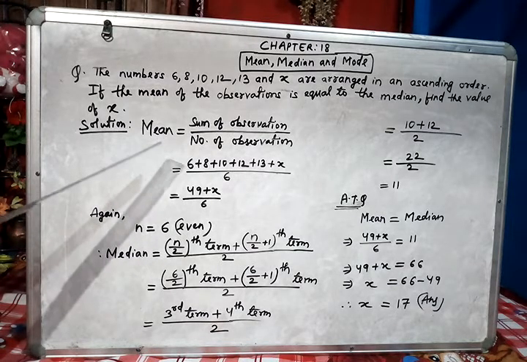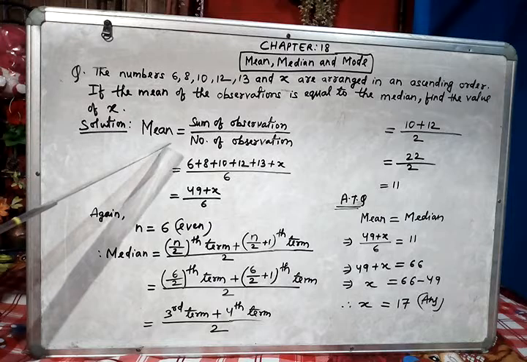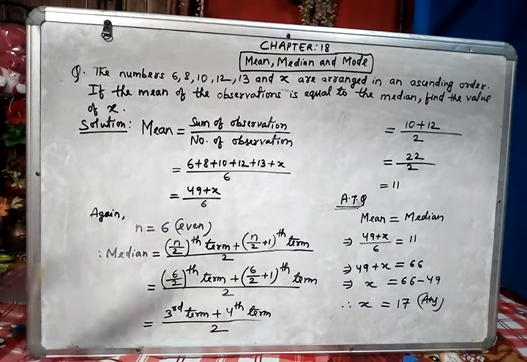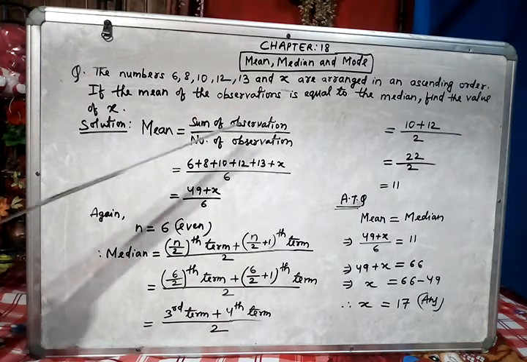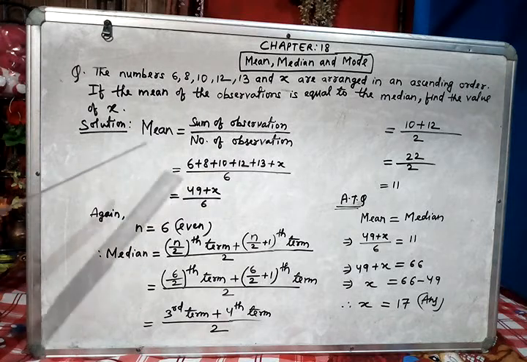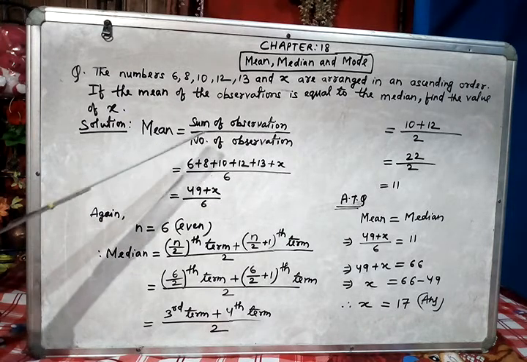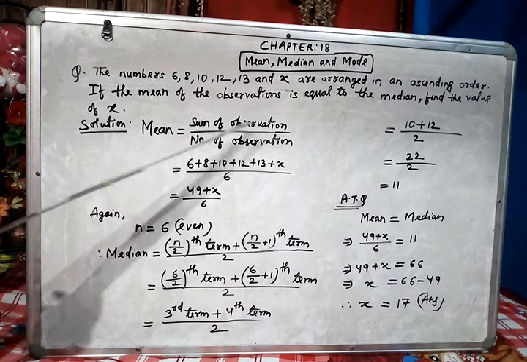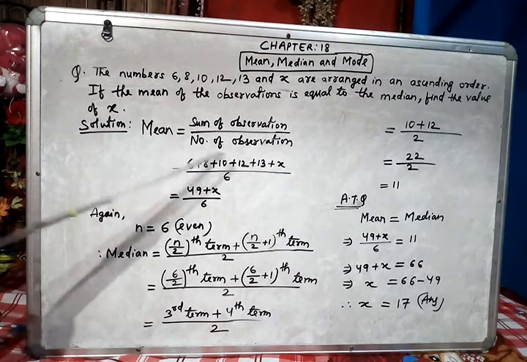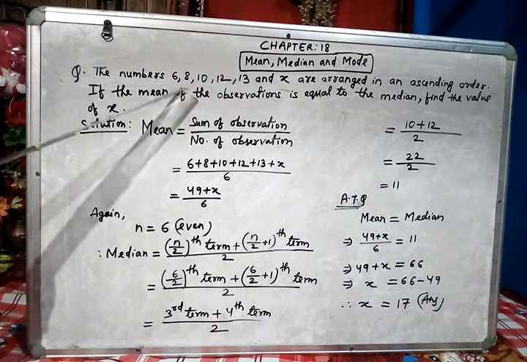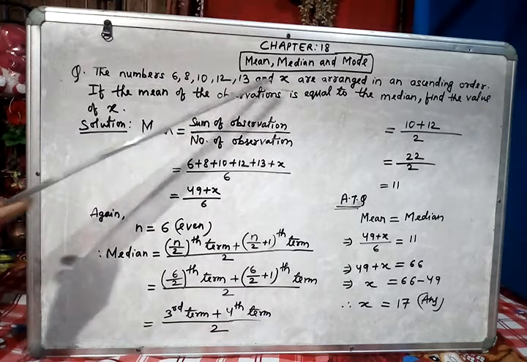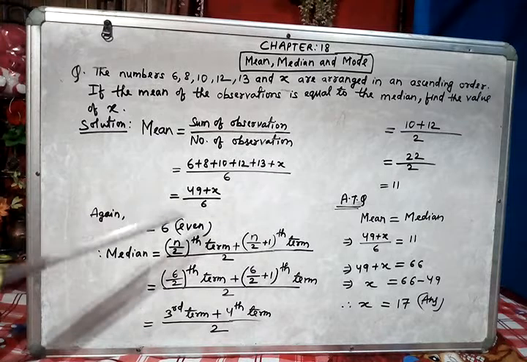This is also a formula of the direct method, but since I am not going to write these observations in table form, I wrote the formula in sentence form, which you learned in class 9 also. Mean equals sum of observations by number of observations: 6 plus 8 plus 10 plus 12 plus 13 plus x, divided by 6.